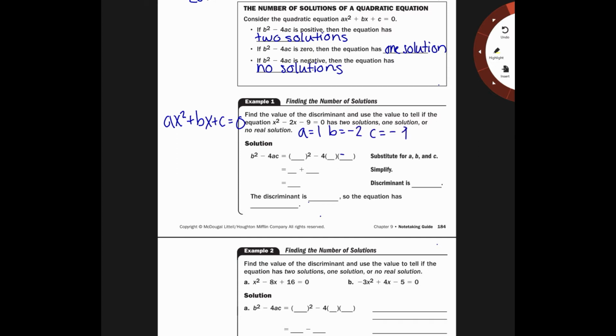So I'm going to substitute in for a, b, and c. b squared is negative 2 squared, minus 4 times a, which is 1, times c, which is negative 9. That gives me a 4, plus negative 9 times negative 4, which is a positive 36. 4 plus 36 is 40. 40 is positive, so the discriminant is positive, and up here it told me that if it's positive, it has two solutions.